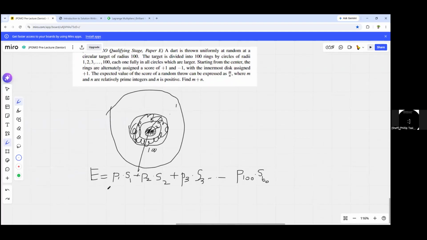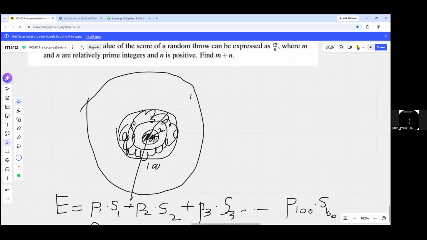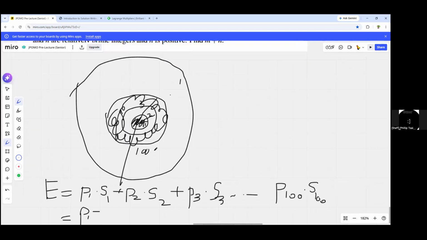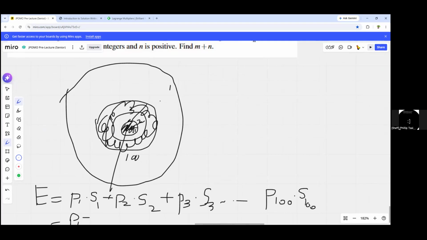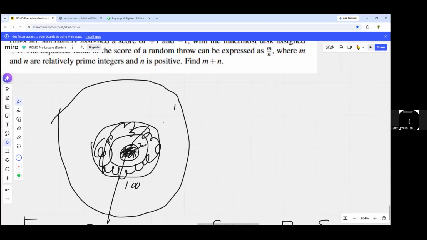So here we must have positive P1 minus P2 and so on. Sorry, I haven't defined what P1, P2, P3, P4, etc. are yet. Let's say P1 is the probability that the dart hits the circle with radius 1.